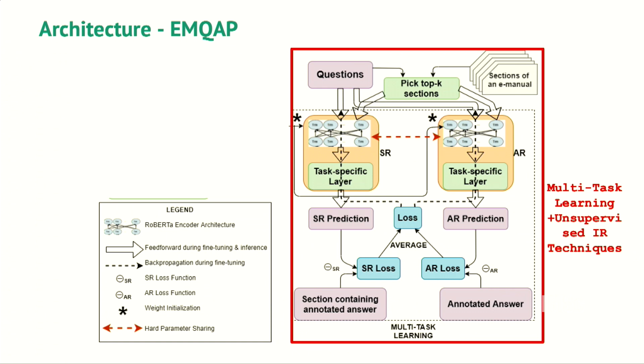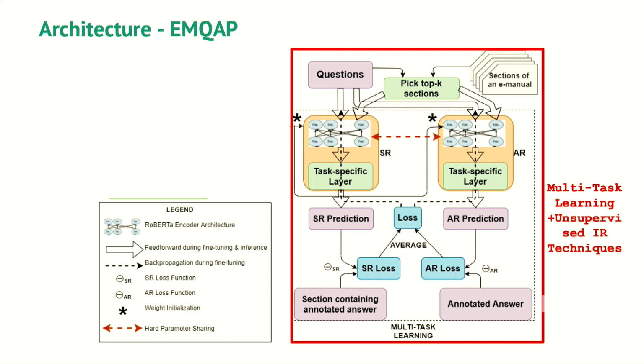So now here we do an interesting design where we say that this is a multitask learning objective, where learning the section would impact the answer, and learning the answer will impact the sentence. So you design a multitask objective.